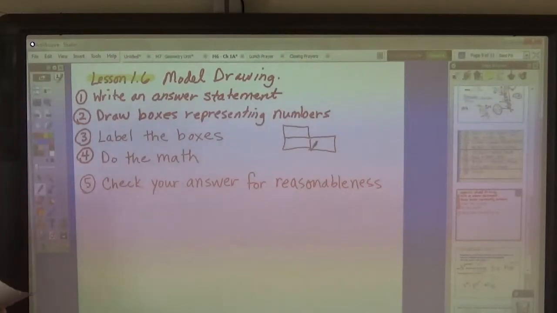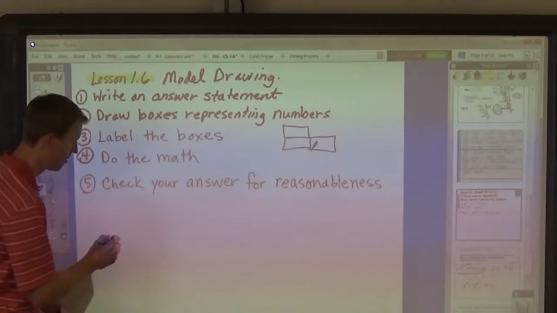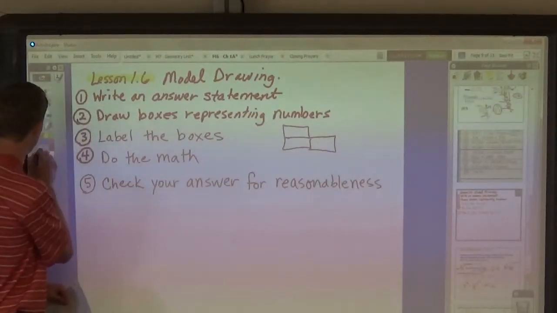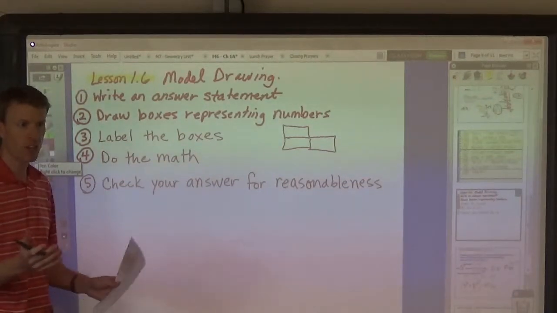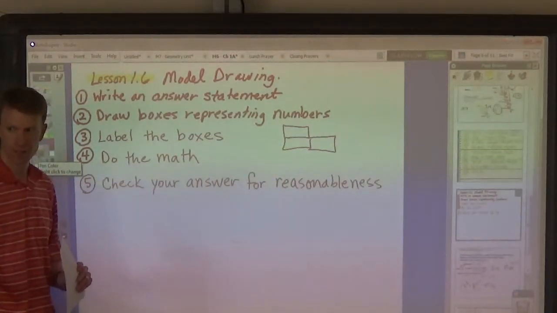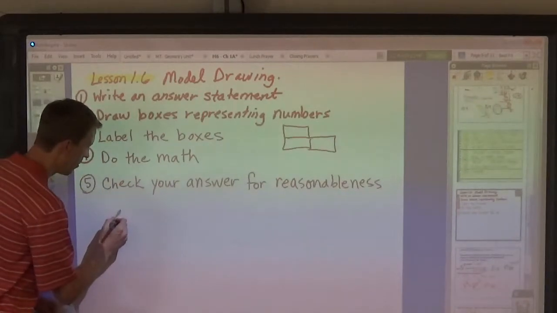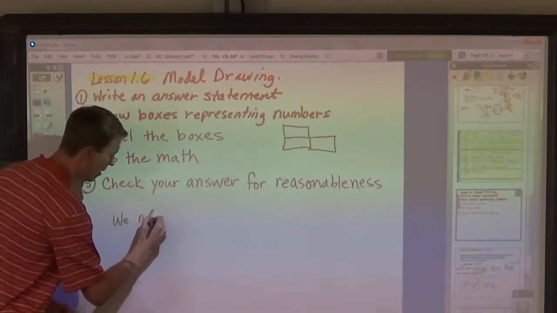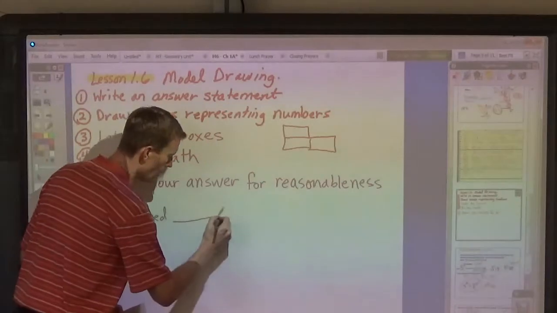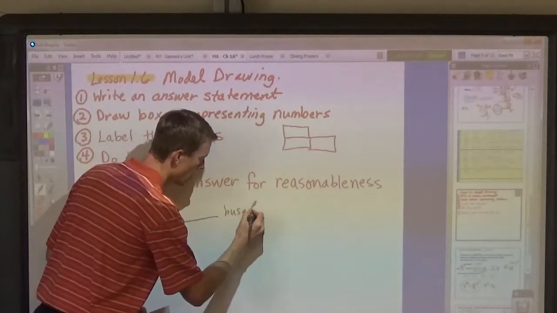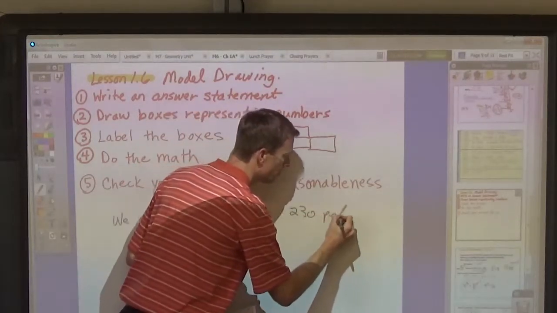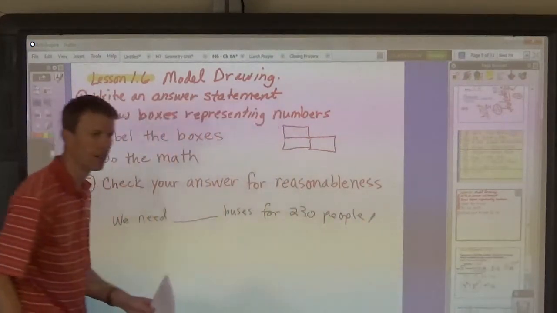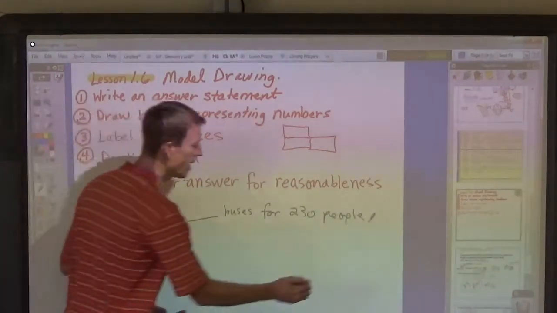What's the answer statement for number 1? Oh, they need 20 buses for 230 people. Right, because we're trying to figure out how many buses. We already know how many people are going. We need to order the right number of buses. We need blank buses for 230 people. How are we going to figure that out? What do we need to know to answer that question?